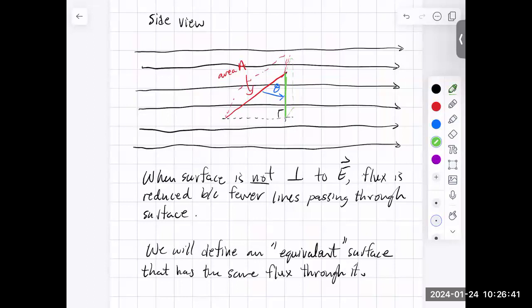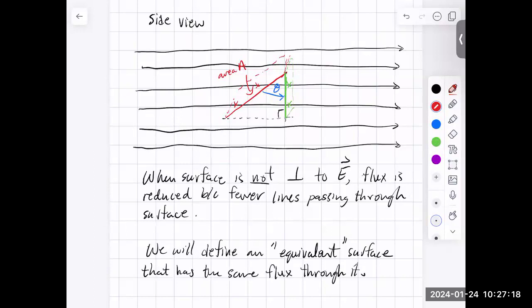We said what we wanted from our equivalent area was to ensure that it had the same flux as the original one. And if I look at the red and green surfaces, they have the same lines that pass through them. They both have these same two lines, so I'll highlight them. We've got this one and this one through the green surface, and this one through the red surface. And so they have the same flux.